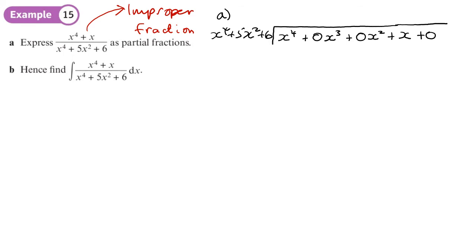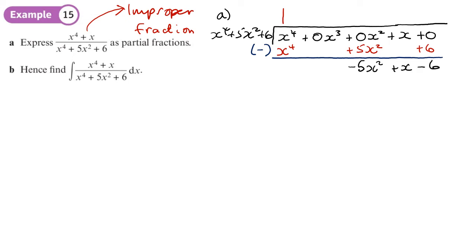So what do we get? Well, the divisor goes into that once. So let's multiply the divisor by 1. Then we're going to subtract. When I subtract, what I'll have left is minus 5x squared plus x minus 6.